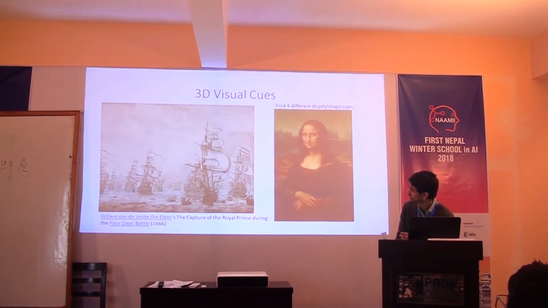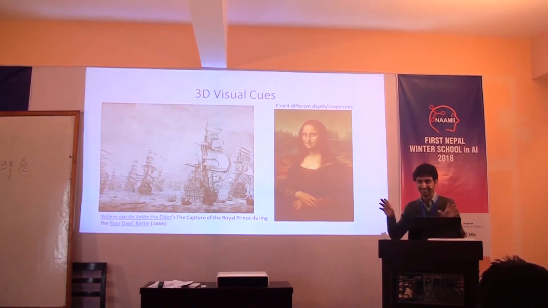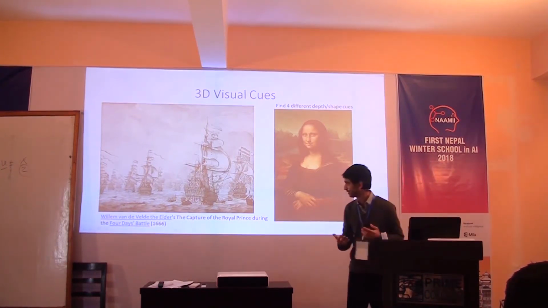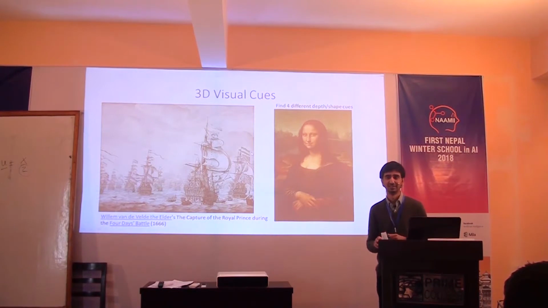So can you guess one more cue? One or two more? It looks like it's coming out of the picture. People do this with Instagram filters or something like that. They make the background blurred, and the face and the body come out. So we're trying to model focus here, right?